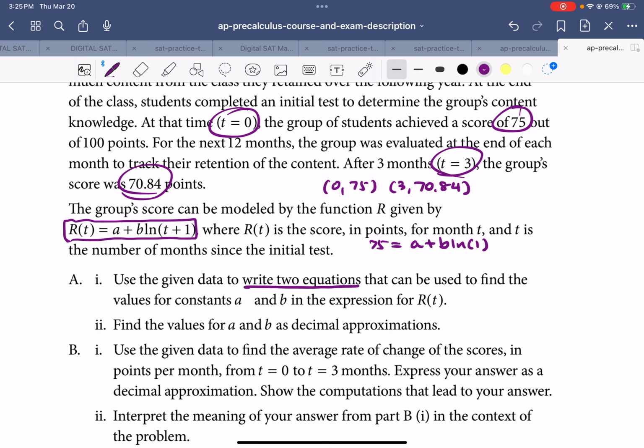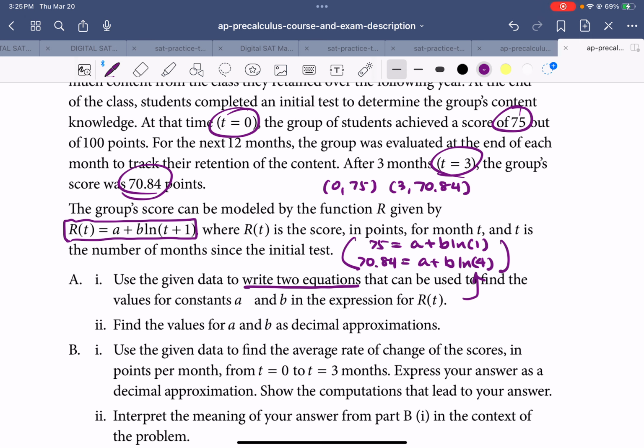Okay, that's the first equation. Now, the second equation: 70.84 equals A plus B times ln of 3 plus 1, which is 4, right? So that is the answer. They ask you to just write two equations. That's the answer for I.